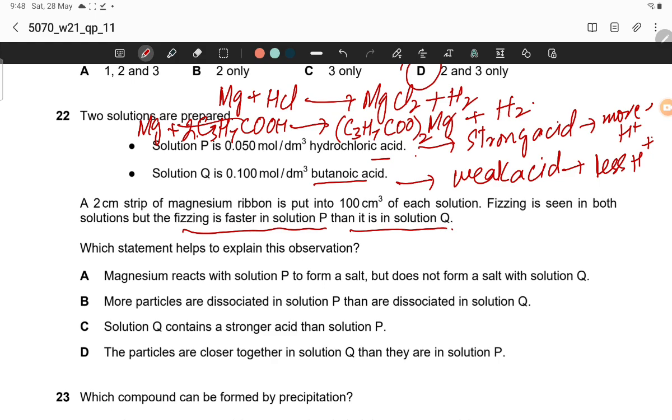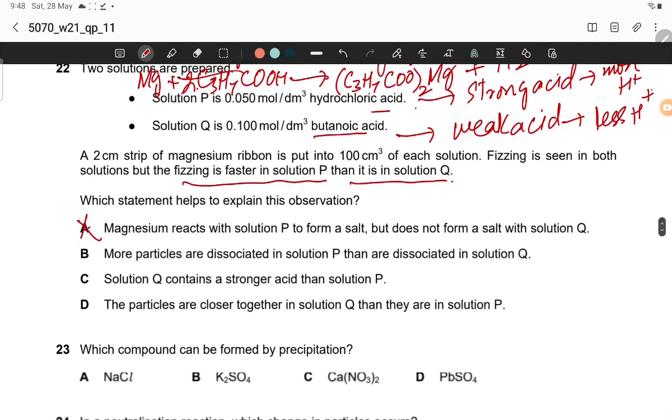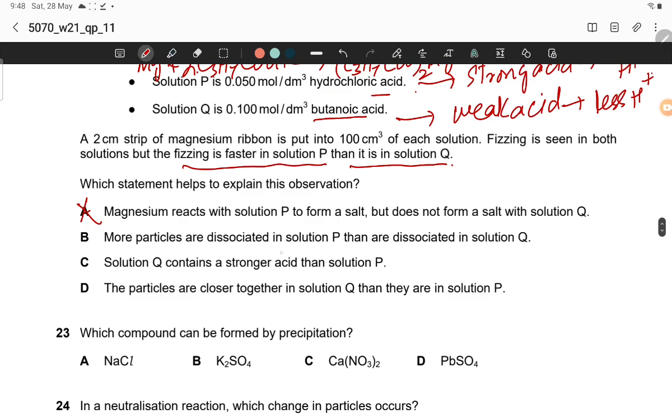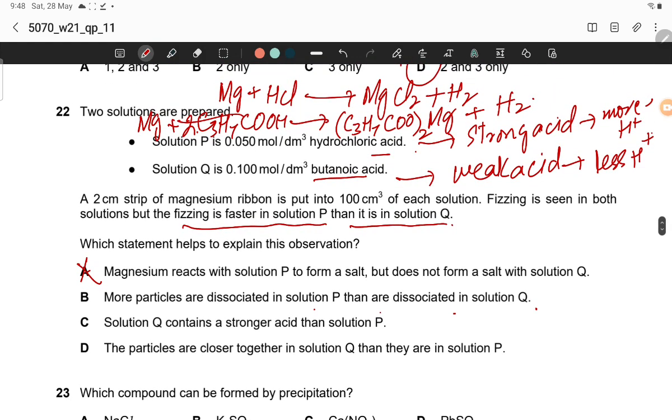So that's why it is incorrect. More particles are dissociated in solution P than are dissociated in solution Q. Yes, this is correct because strong acid is completely ionized in aqueous solution while weak acid is partially ionized. So more particles are dissociated in solution P than Q. So B option is correct.